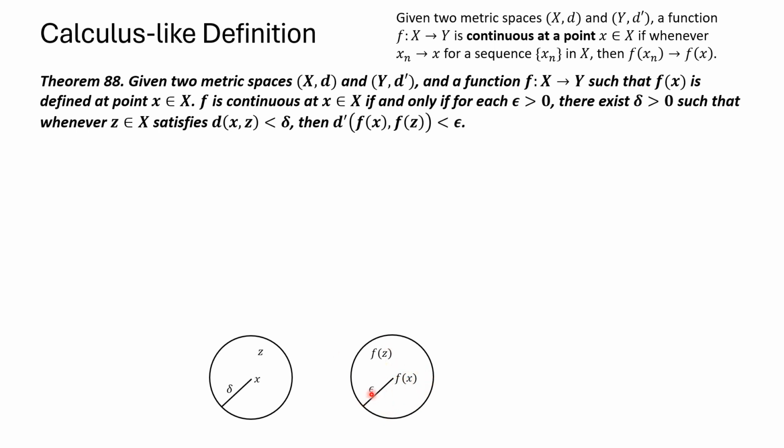So you pick an epsilon, you can find an open ball about x such that all the points in there, whenever you map them via f, you get a value that's within epsilon of f of x.